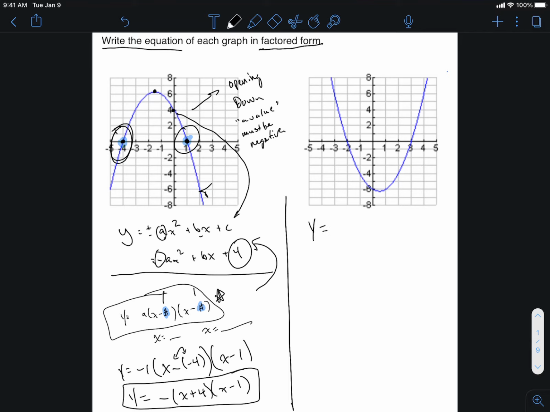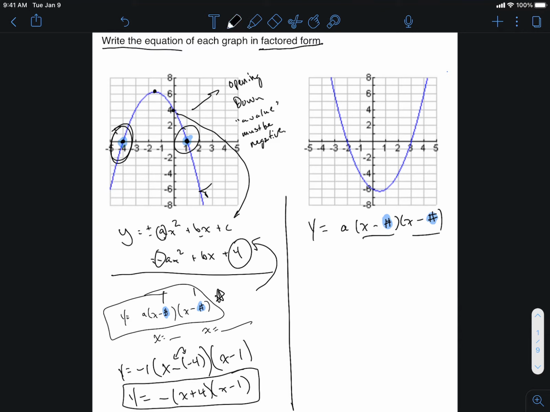Factored form looks like this. What we need to do is fill in those two number signs, or those hashtags, right? Pound. So we've got to figure out where those two numbers come from.